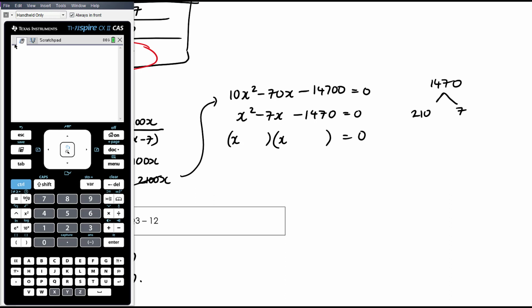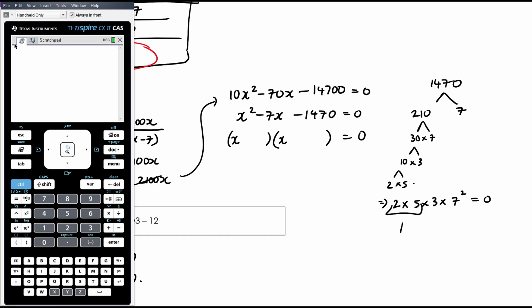So 210 is 30 times 7, or 3 times 70, for example. And that's 10 times 3, and that's 2 times 5, right? So essentially, prime factors, it's 2 times 5 times 3 times 7 squared. So we can group these together.